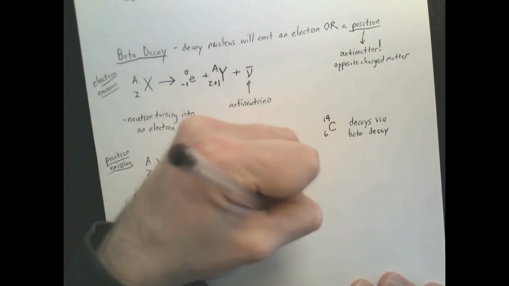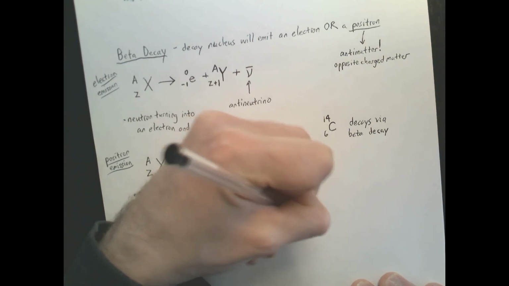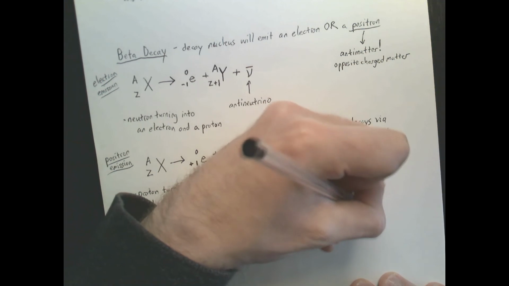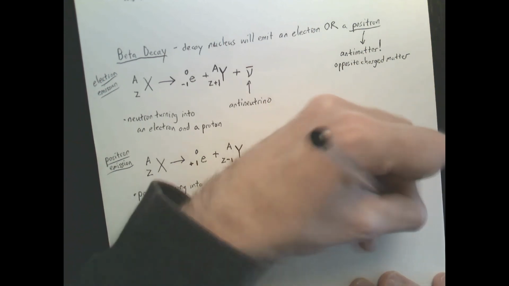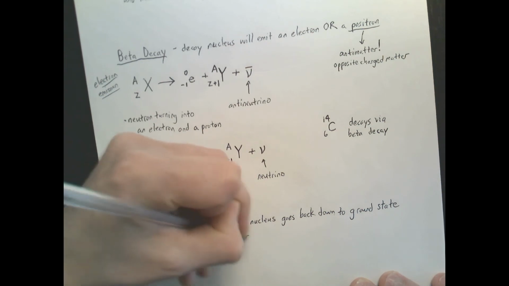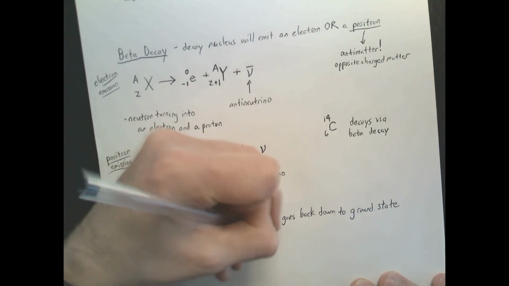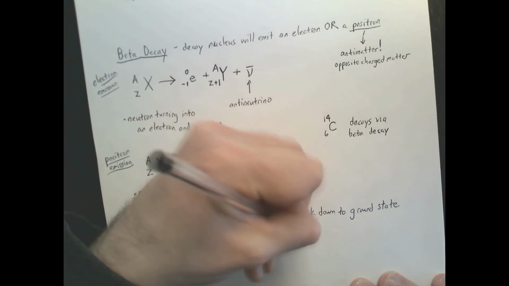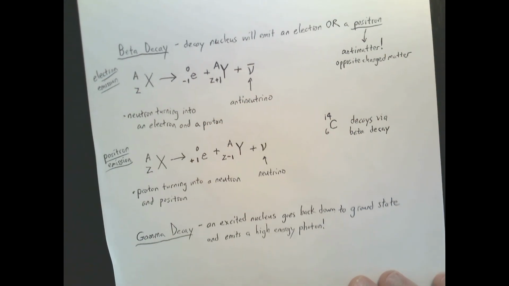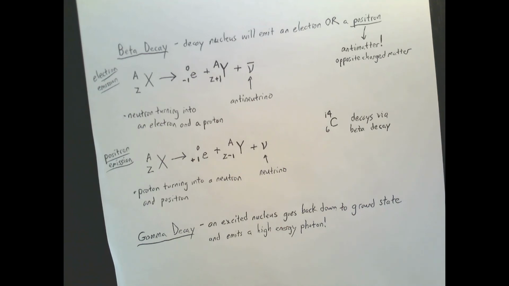So an excited nucleus goes back down to the ground state and emits a high energy photon. Typically, this is literally going to be a gamma ray, but there are some nuclei that decay using an X-ray photon, and that's included within this scheme here.